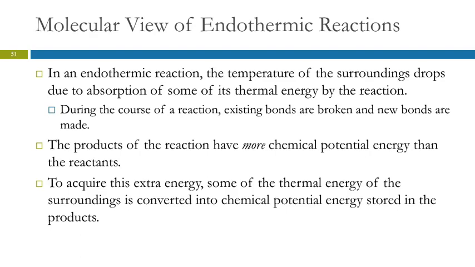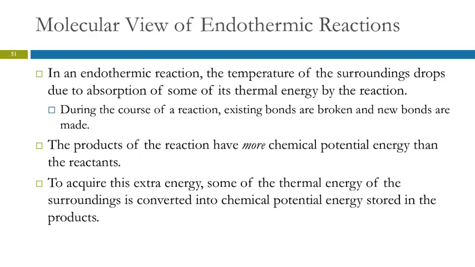Endothermic reaction is the opposite. So with an endothermic reaction, the temperature of the surroundings goes down. So that instant cold pack, you hold it and your hand gets cold. Why does your hand get cold? Because heat is leaving your hand and going into the chemical reaction.